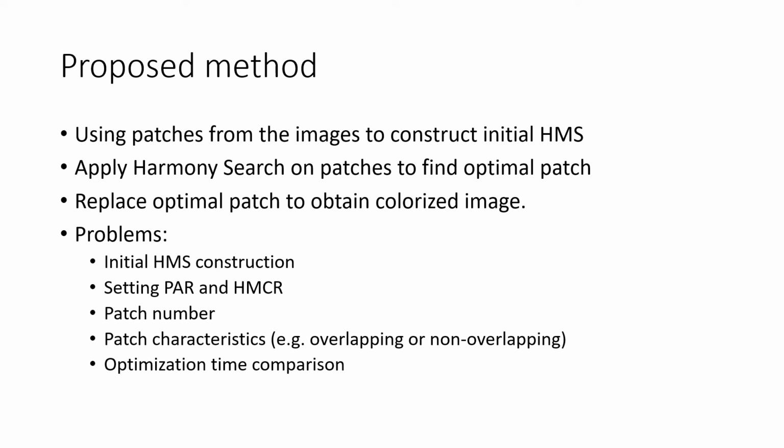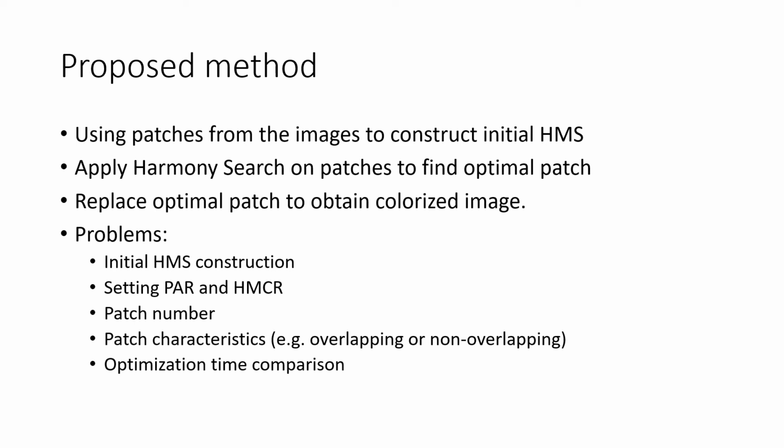So the proposed method in summary is using patches from the images to construct the initial harmony search, and then apply harmony search on the patches to find the optimal patch, and then replace the optimal patch to obtain the colorized image.